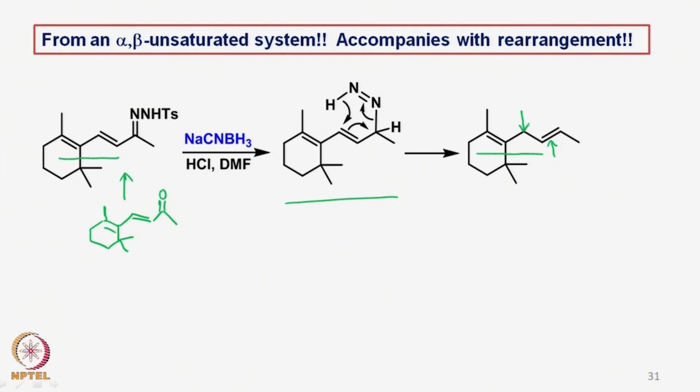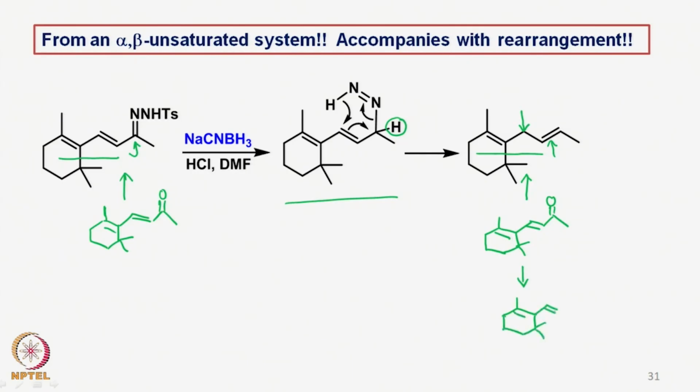The original hydrogen had come at this stage here, this should be blue in color, and then we have a rearrangement. We started with this molecule in which we had the carbonyl group like this, and eventually what we have got is this. So it is not only the reduction of the carbonyl group to the corresponding hydrogens, which we would have expected to give something like this.